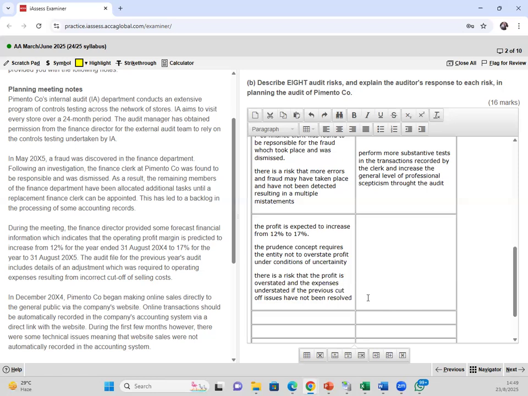So you can say, review the prior year audit file in order to gain more insight about the cut-off issue and if it was resolved.